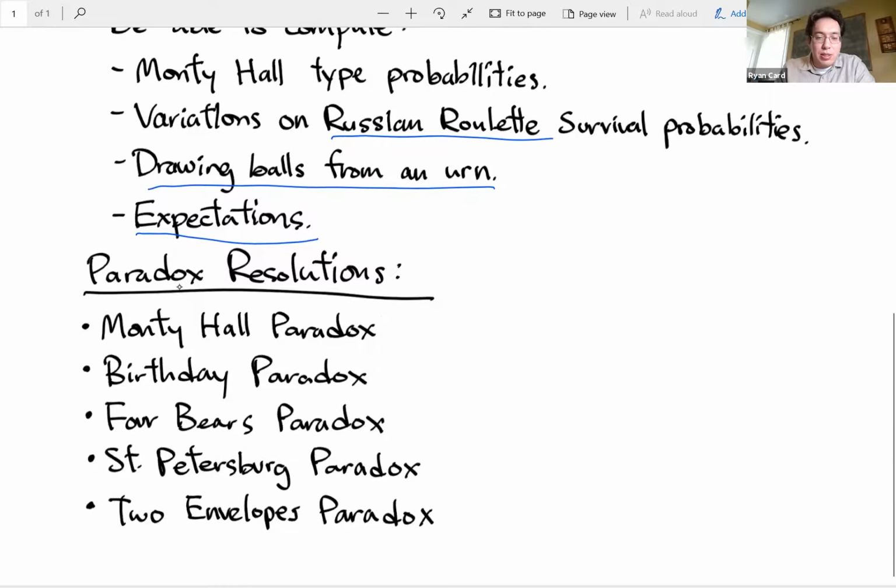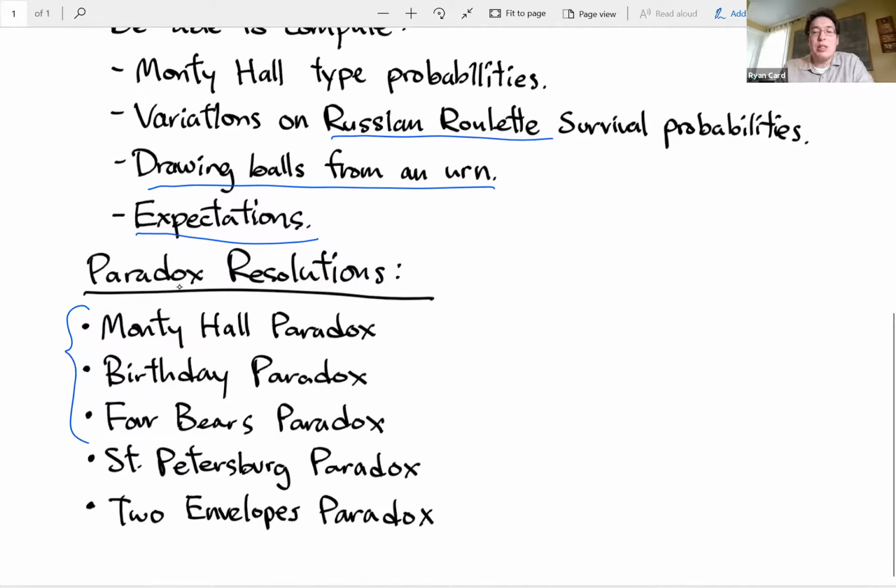And as far as paradoxes go, we covered 5 different situations that were named paradoxes. The Monty Hall paradox, the birthday paradox, and the four bears paradox are all situations in which your gut feeling probably gives you the wrong answer.